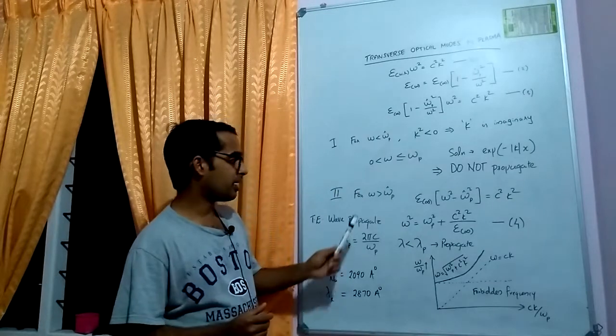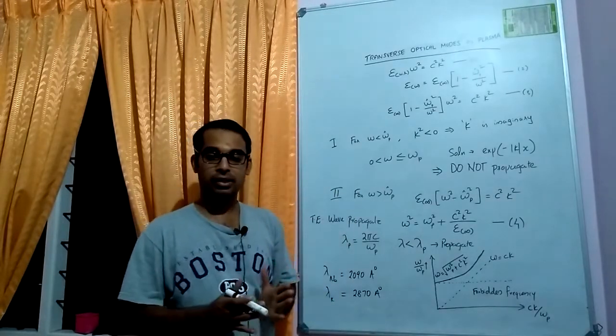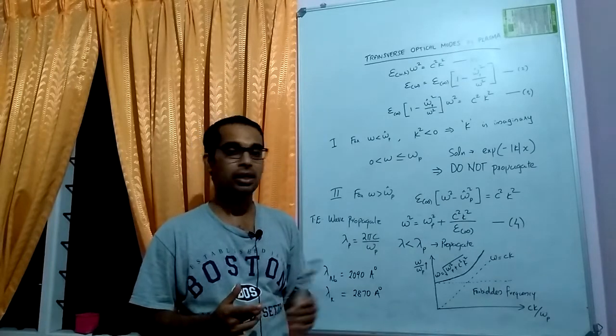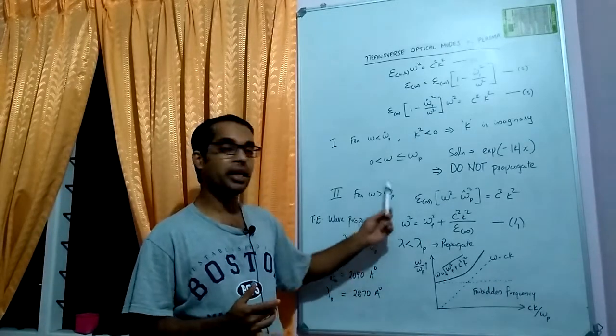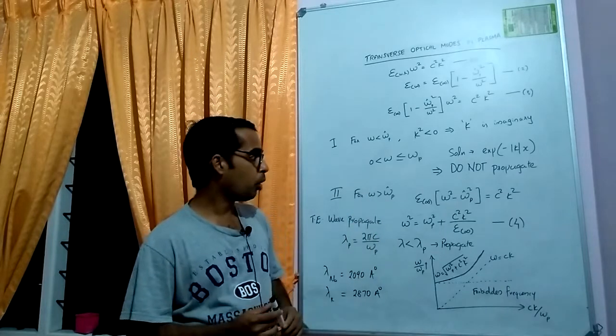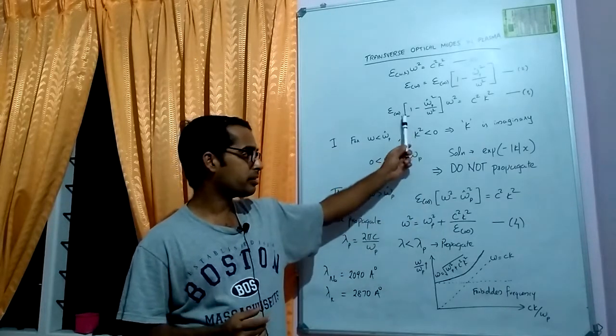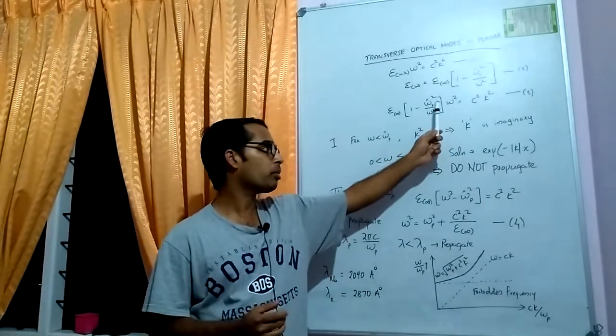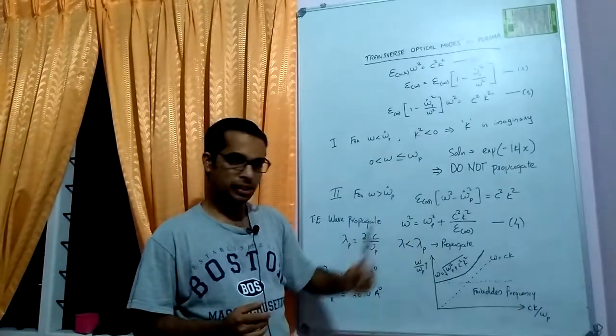Now we consider another case where the frequency omega is greater than omega p. So we are considering the propagating frequency which is greater than omega p. We can rearrange this equation, because we cancel out this omega square here, and then you will get this format.